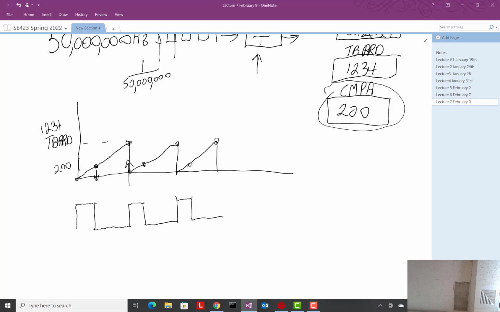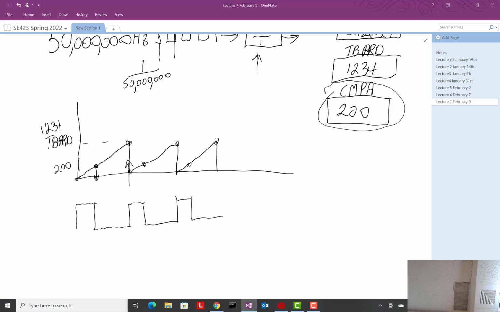Would you ever want to make compare A bigger than the TB period? If you did, it would just always be high. So anything greater than that would just still be 100% duty cycle. So your compare A value is a percentage of, it's an integer, so it's not exact percentage, right? It's rounded, it's truncated, but your compare A is a percentage of period, and by changing that, you change the duty cycle of your square wave.